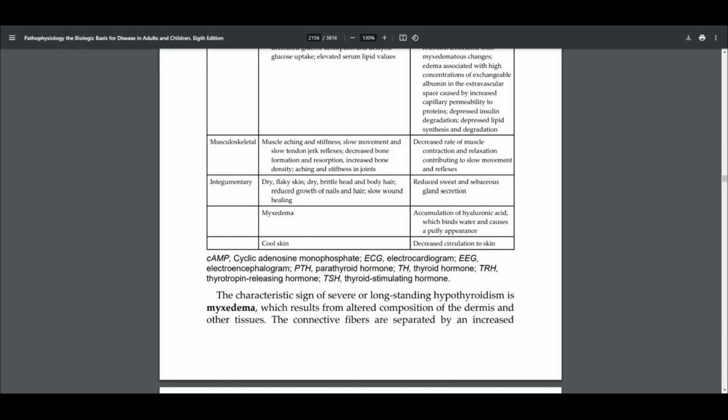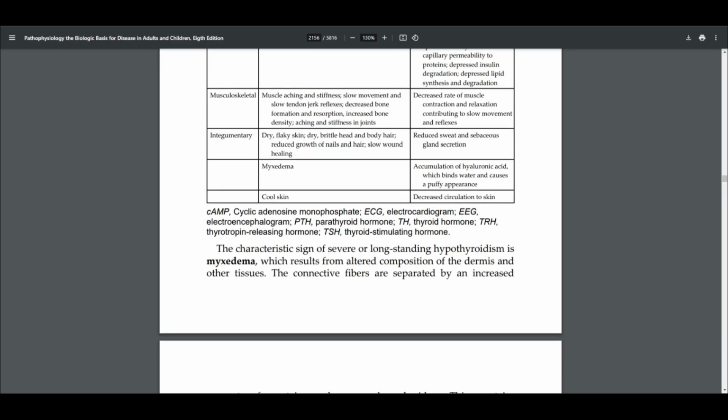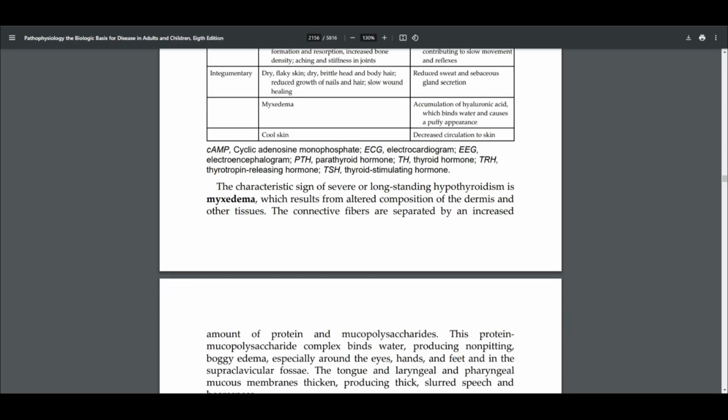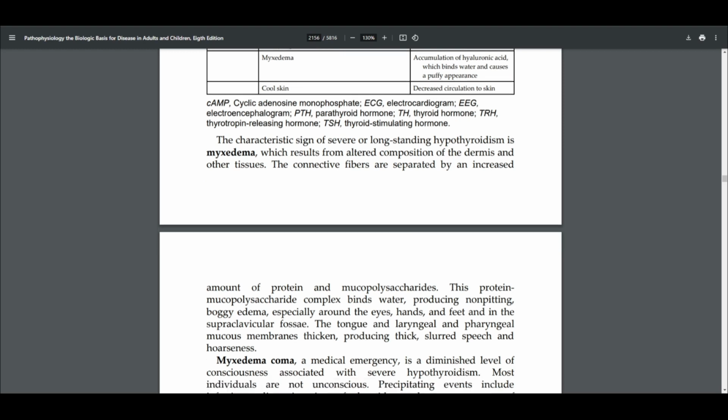So I'm letting it slide on over. You can always pause the video to read specifics.